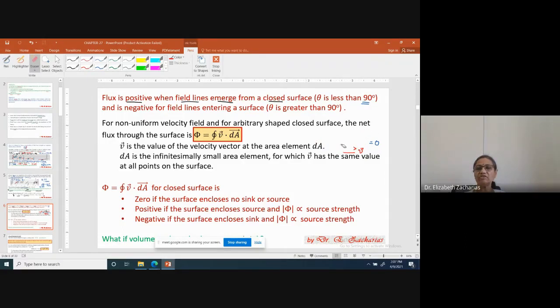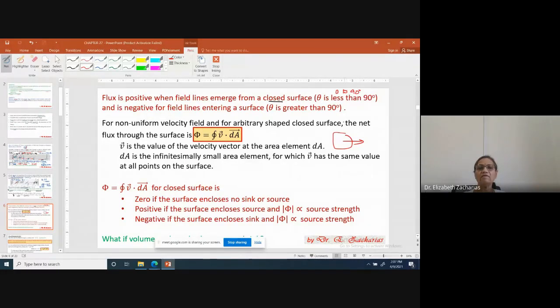I'll sum up everything that I have just said till now and say that whenever field lines emerge out of a closed surface, then theta will be lying between 0 to 90 degrees and flux will be positive.